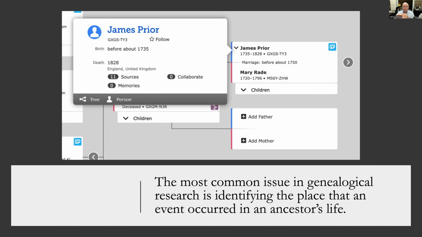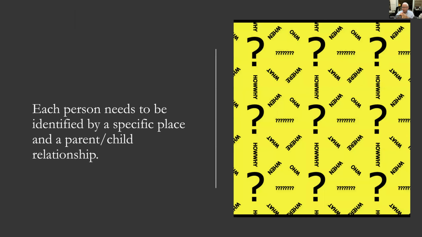There are hundreds and hundreds of parishes in England, and how do you even begin to guess, given a name that seems fairly common? Okay, so every person in every family tree should be identified by a specific place and a parent-child relationship.